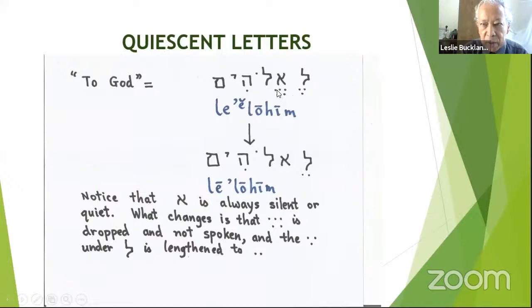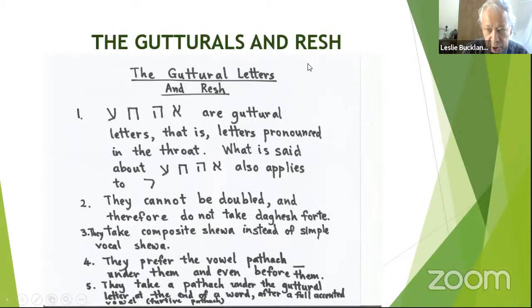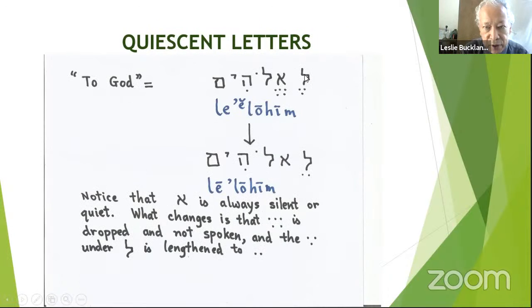Elohim, you have the composite schwa. So let us just pretend you have the word Elohim up here, and you have the lameth with the simple schwa, one dot over the other, above this. The rule says that two schwas cannot be together side by side. And because of that, the simple schwa has to drop out. So the lameth loses the simple schwa.